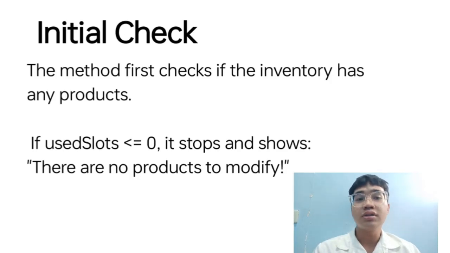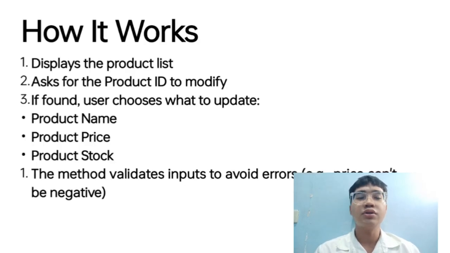If products exist, it shows the list of items and asks the user to enter the product ID they want to edit. When the user finds a matching ID, the user can choose what to change: the product, the price, or the stock. The method checks the input to make sure it is correct, such as avoiding negative numbers or wrong formats.